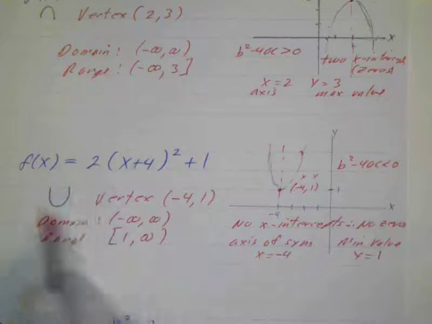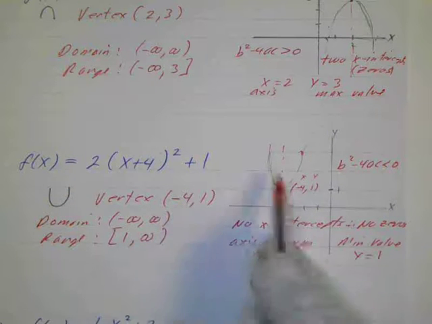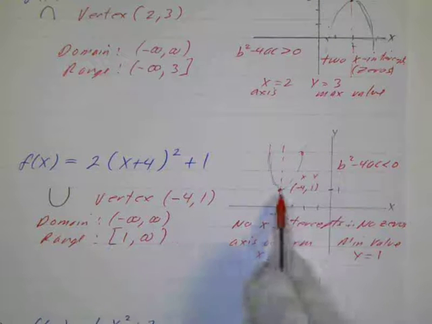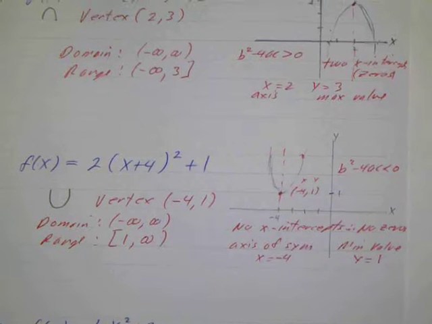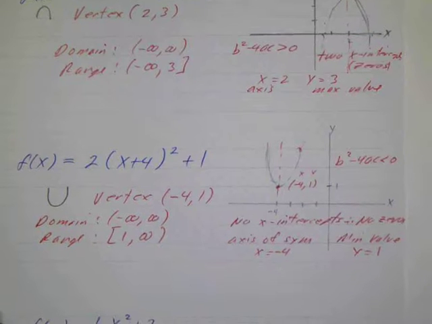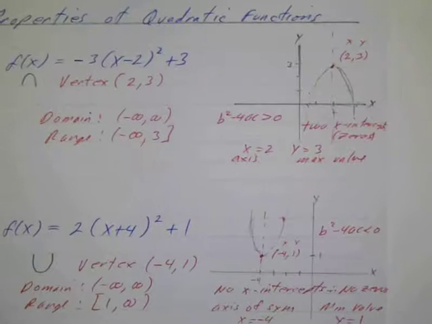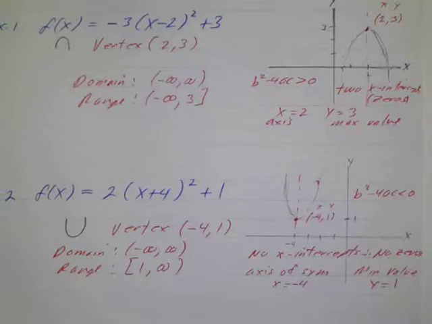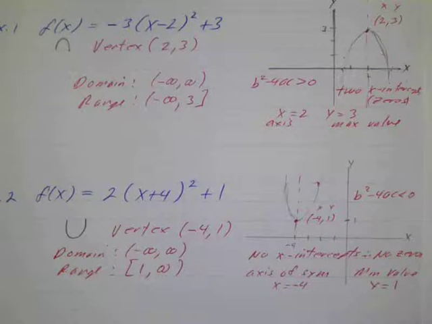Since this is positive, it's shaped like a U. Our domain is all real numbers for x, and the range goes from 1 to infinity. All right? So you can tell all that stuff if it's in vertex form, so you can know a lot of things about these. Here's a couple good examples of all these properties of parabolas.